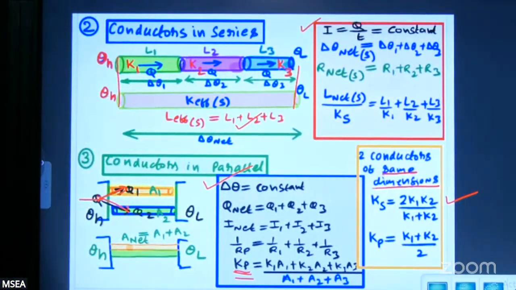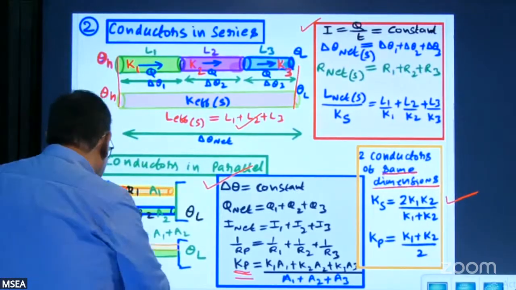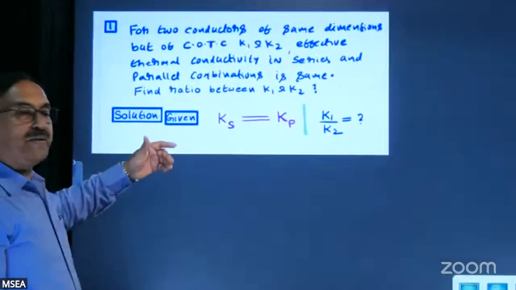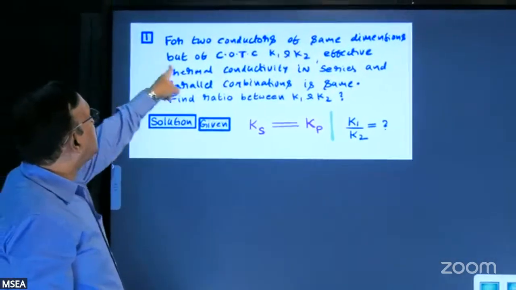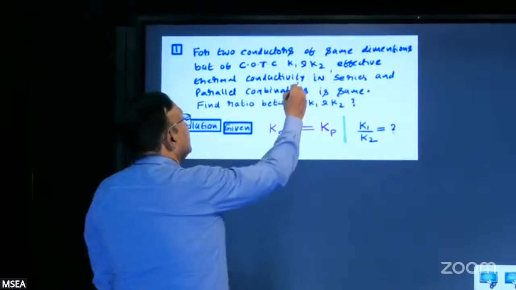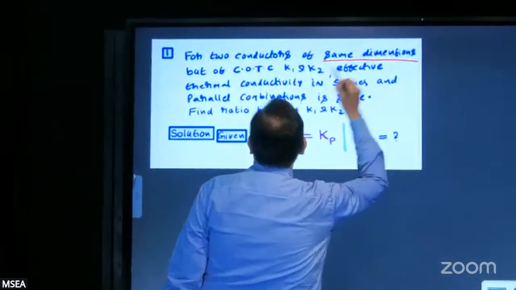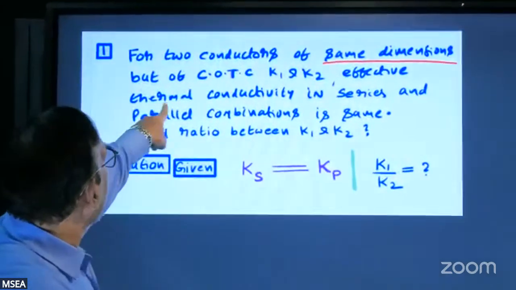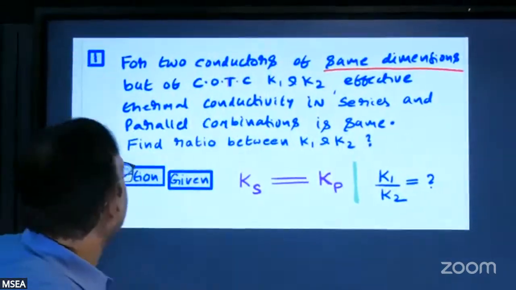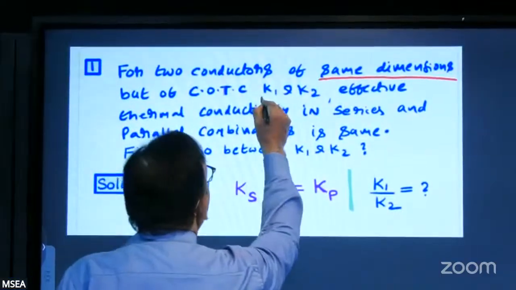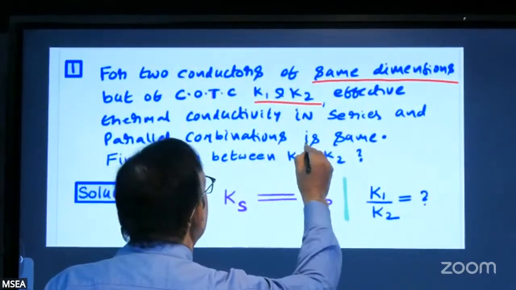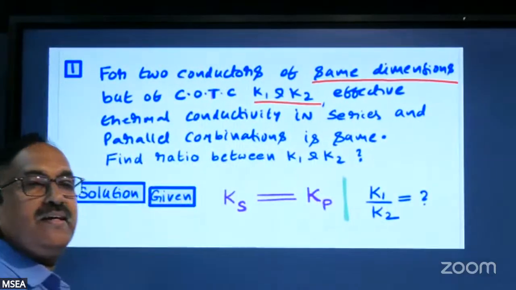We are going to have the application of these things first. The first simple bit is for 2 conductors of the same dimensions. Just now we were discussing that situation. For 2 conductors of the same dimensions, but with coefficients of thermal conductivity K1 and K2, the effective thermal conductivity in series combination and in parallel combination are the same.